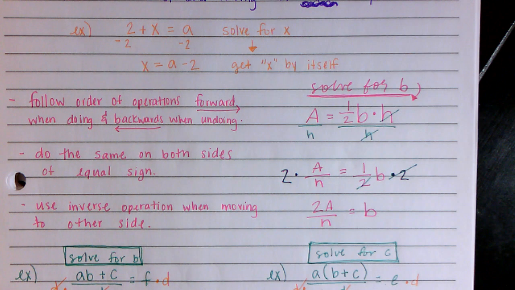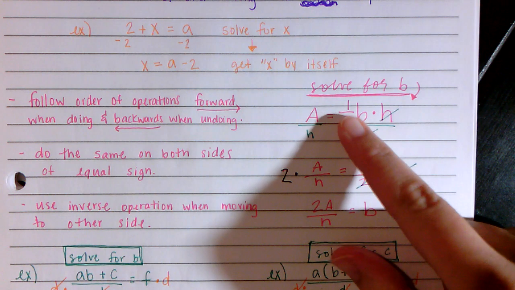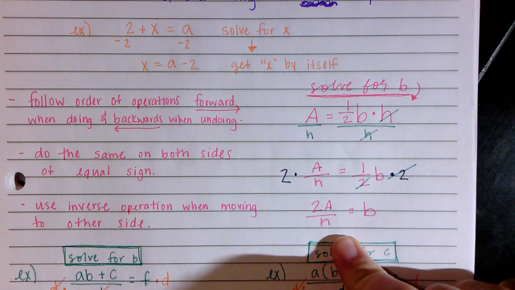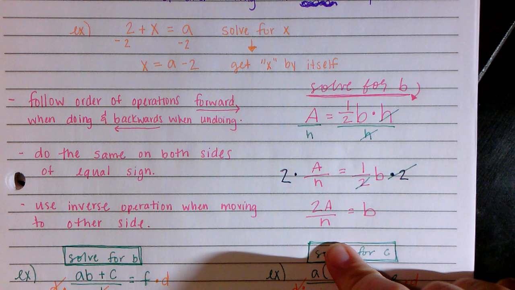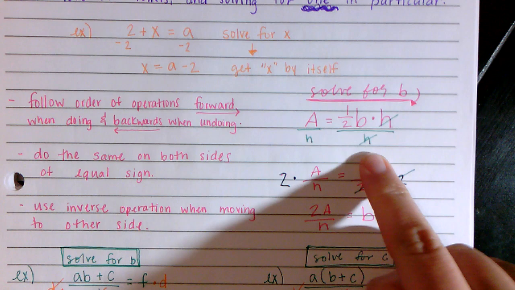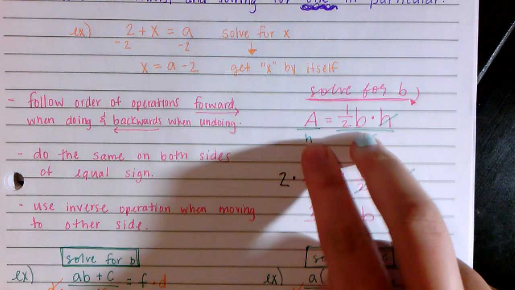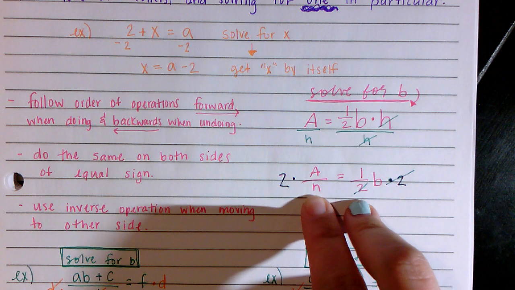The biggest thing that I'm going to probably notice that you guys struggle with for this is you're going to get hung up on the fact that you can't simplify stuff. When you divided by this h on this side and on that side, if I were to ask you, okay, when you come down here, what do you write?